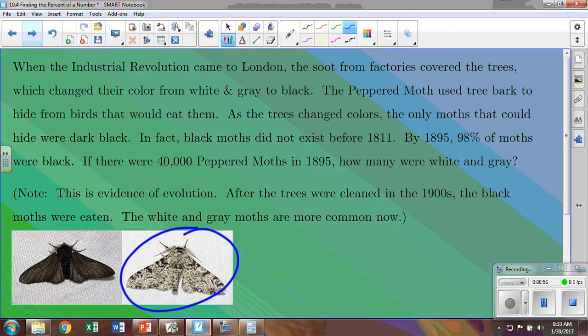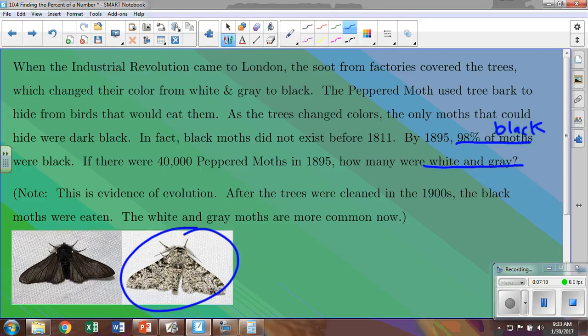So, if there were 40,000 peppered moths in 1895, how many of them were white and gray? Okay, so things that we need to recognize about this. 98% were black. So what percent were white and gray?